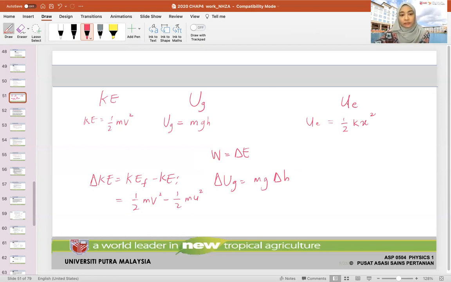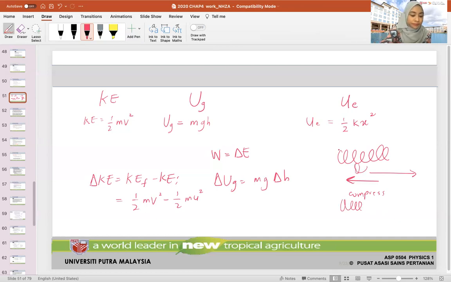And also for elastic potential energy, when your spring is not doing anything, it's just laying there, minding its own business, nothing is happening, there's no work done, but it has some potential energy. But when you extend it or compress it, compressing makes it smaller, and when you extend it, it becomes bigger, because we extend.